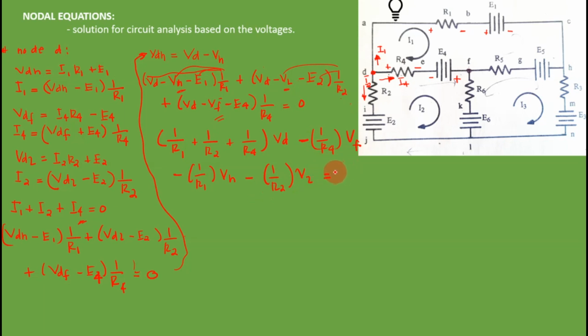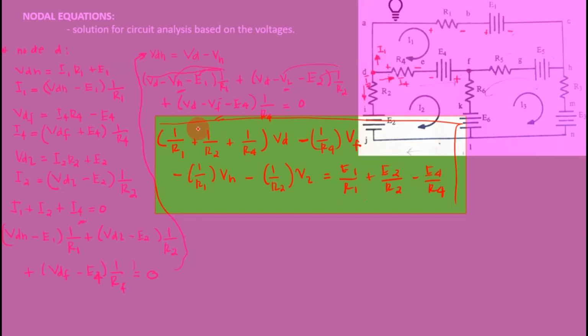Now if you manipulate it, you will have E1/R1 plus E2/R2 minus E4/R4. So this will now be your nodal equation for your node D.